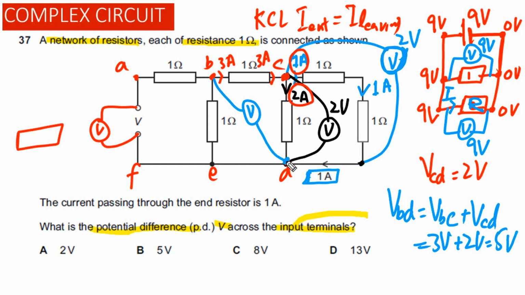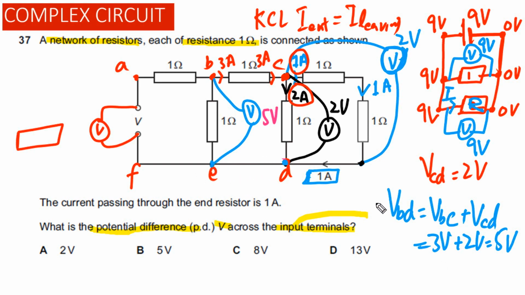Now if I move this one from this point to this point, let's say I move to this point now, what is the reading on this voltmeter? Again you will see the reading on this voltmeter will be equal to 5 volts, because between D and E there is an ideal wire, there is no voltage drop, there is no energy loss.